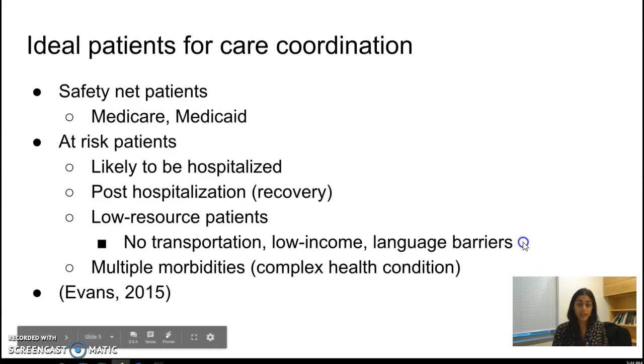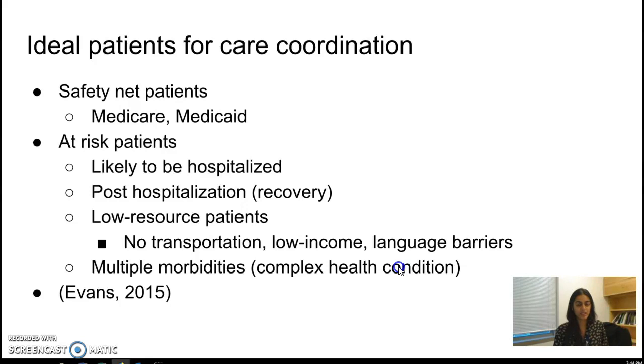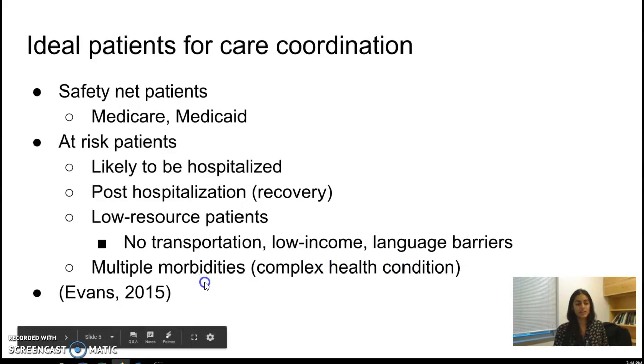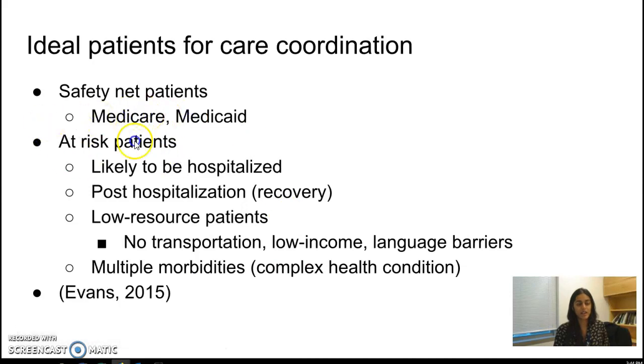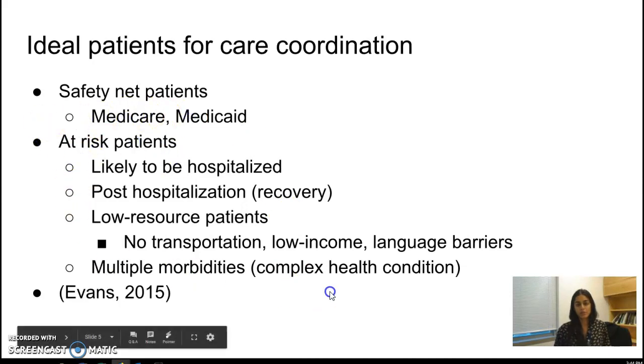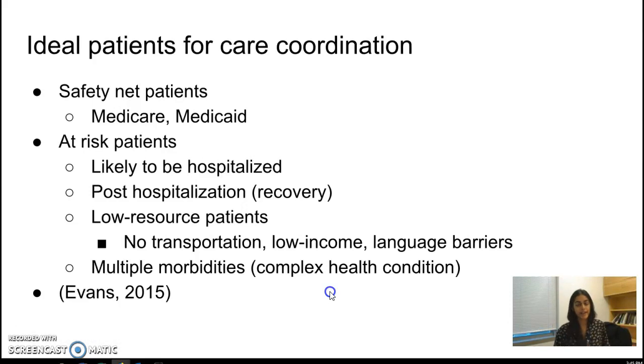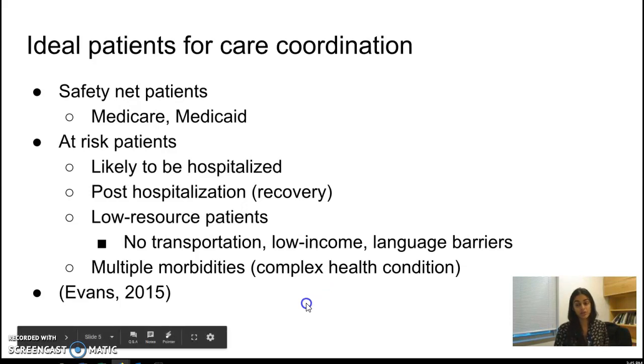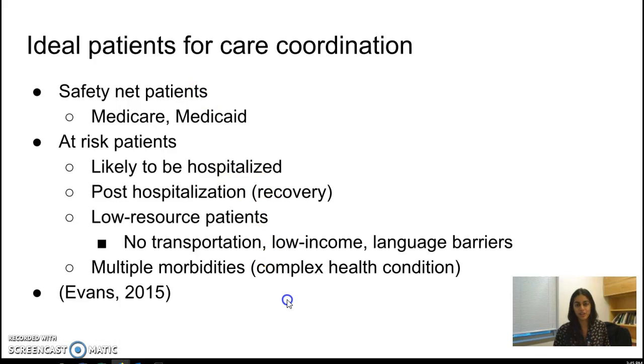Language barriers is a big one, and we'll see that in the Harborview PNHP seminar, and multiple morbidities. So this is a majorly at-risk population. If you think about a patient who has a complex health condition, maybe they have diabetes and depression and cardiovascular issues, so 2 to 3 or more health conditions at the same time. That's someone who may be able to coordinate their own care if they had one condition, but having multiple makes it all the more complicated.